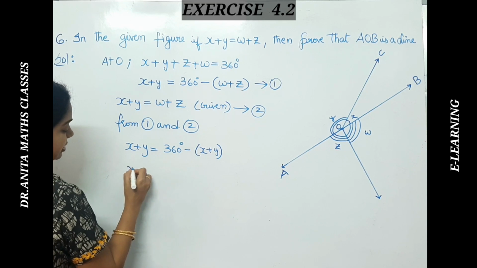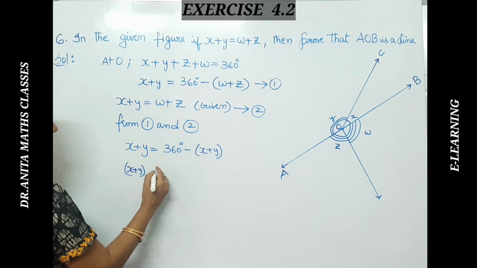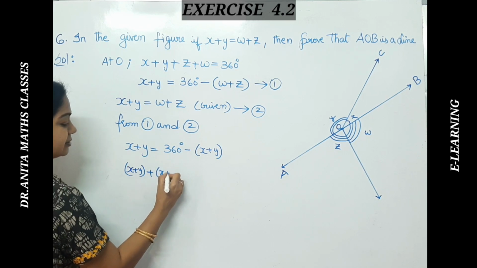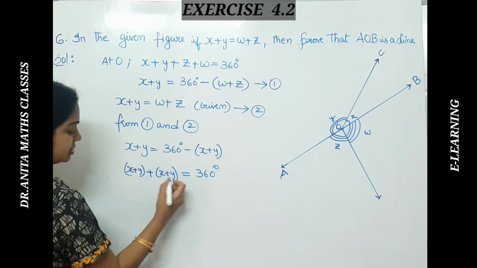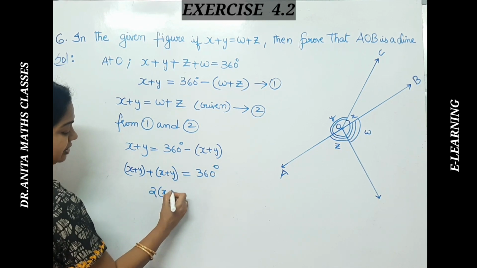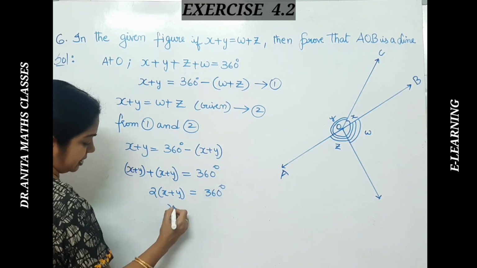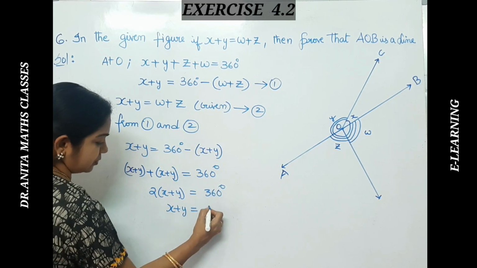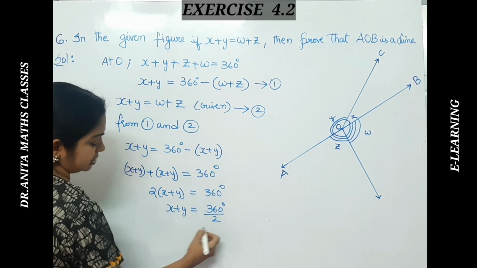So here x plus y, and bring this x plus y to this side, it becomes plus x plus y equals 360 degrees. So this is 2 times x plus y equals 360 degrees. Shift this 2 to the other side, it becomes divided.